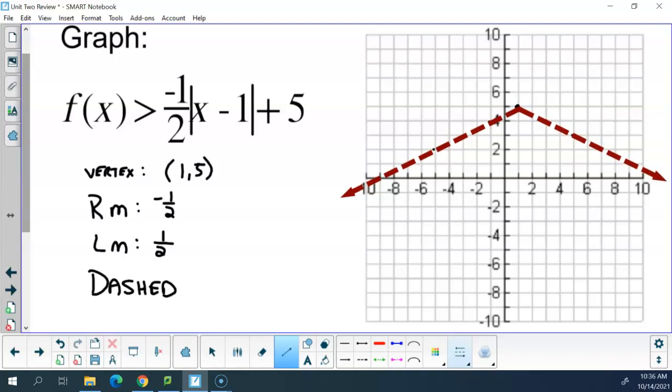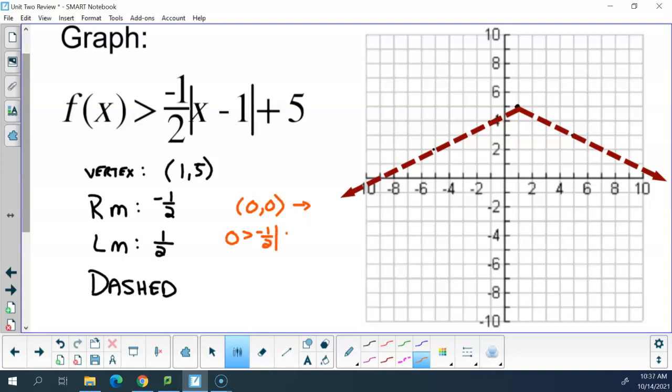Test point, what would we like to use? 0, 0. Plugging 0, 0 in, that's going to be 0 is greater than negative 1/2 times the absolute value of 0 minus 1, then plus 5. 0 minus 1 is negative 1, the absolute value is 1, times negative 1/2 is negative 1/2.